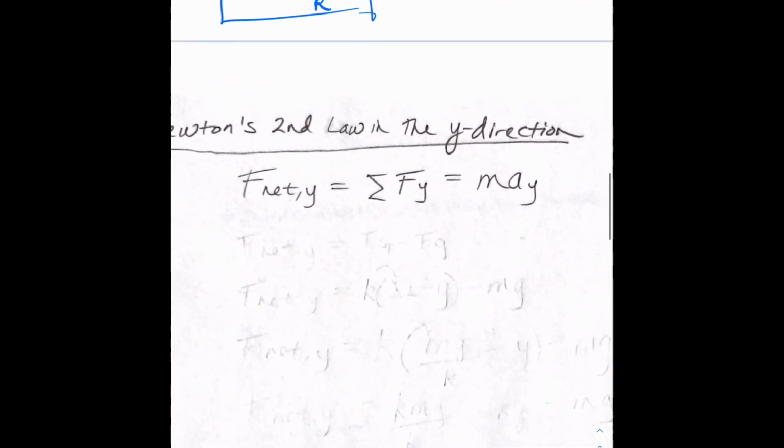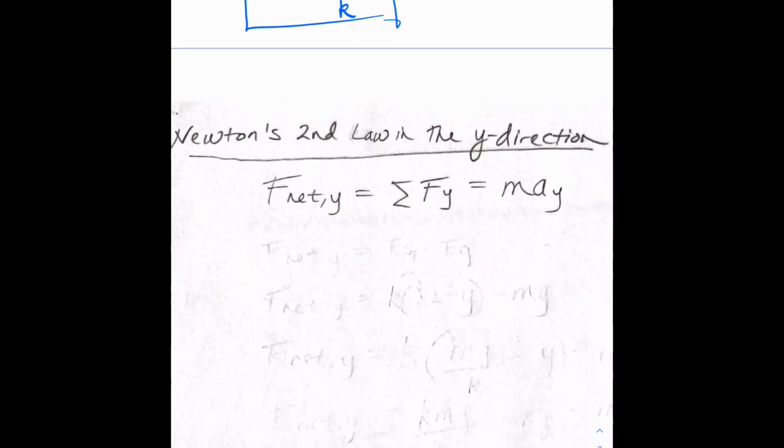All right, so here we have Newton's second law in the y direction. So we can go ahead and sum our forces. And this time, we're not going to be able to say that the acceleration is equal to 0.